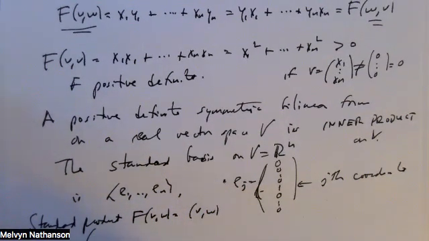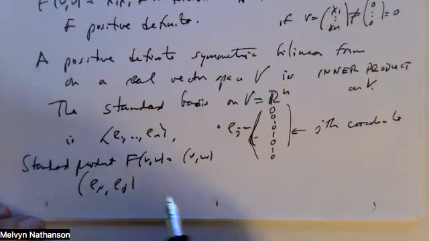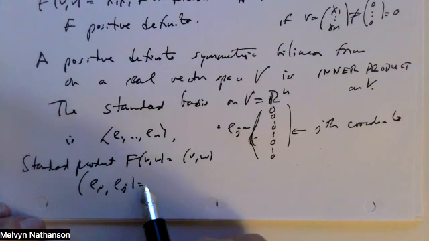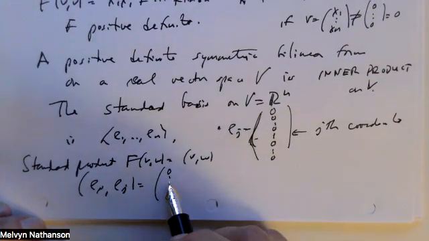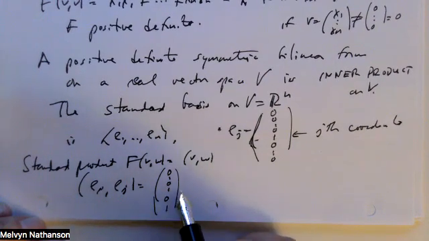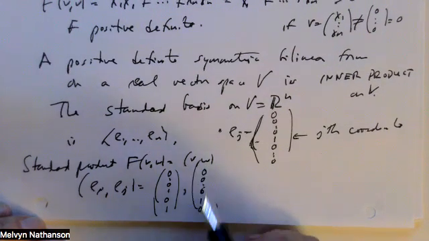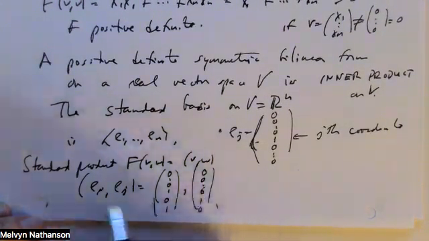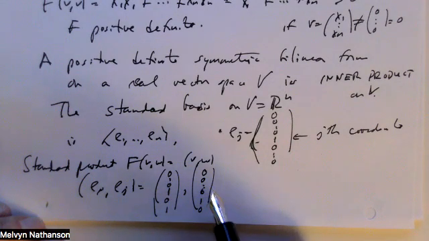And if you take the inner product of Ei and Ej, where Ei and Ej are the standard basis vectors, Ei has all zeros except a 1 in the ith place.